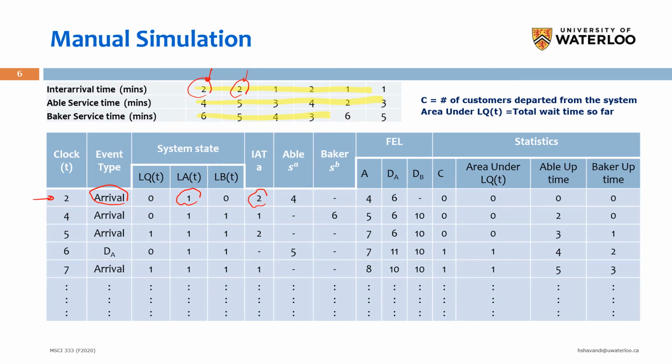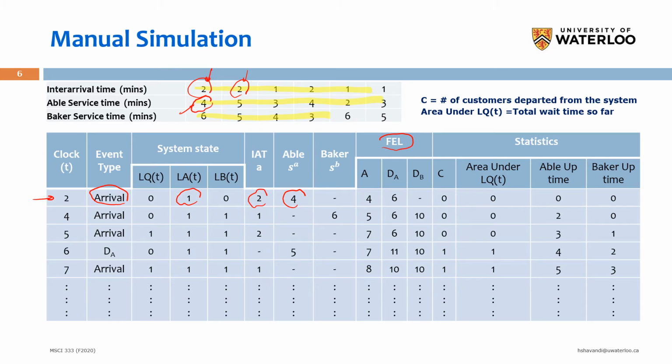And also, since we have an activity just started, serving this customer, we need to obtain its service time, right? Since the server is Able, based on this data the service time will be 4 minutes, okay? And this is our FEL, future event list.